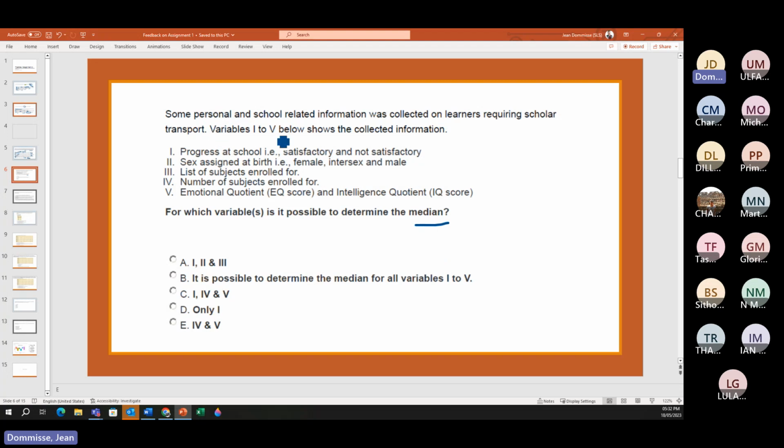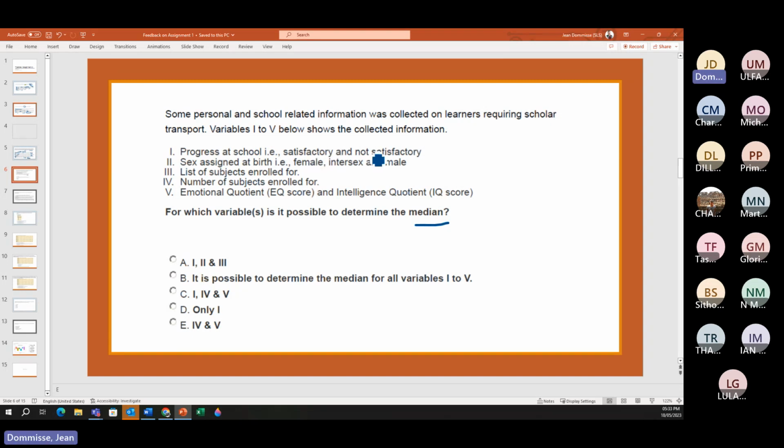Some personal and school related information was collected on learners. Variables 1 to 5 below show what's collected. Then we need to say for each variable, is it possible to determine the median? So let's look at the first one, the progress at school, i.e., is it satisfactory or not?